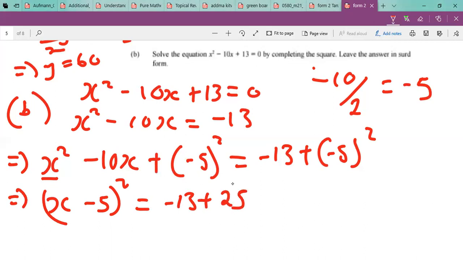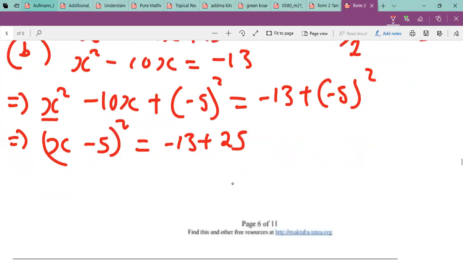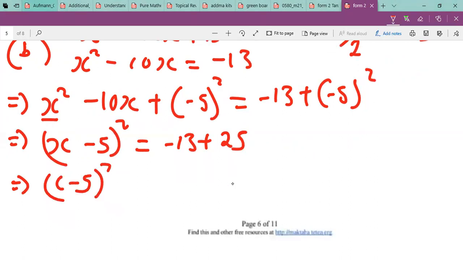All right, so you can say x minus 5 squared is equal to negative 13 plus 25, you get 12.